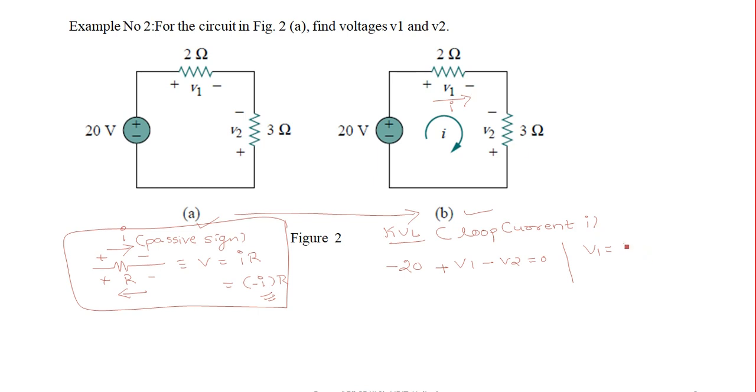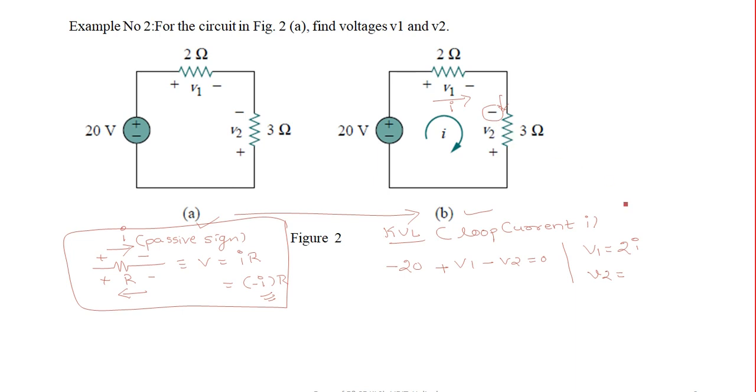So V1 I can write as 2 times I, and similarly V2 I can write as what now? The same current will flow, but how is it flowing? It is approaching the negative terminal. So V2 will be how much now?